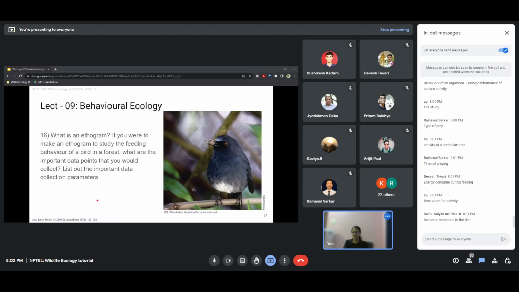Anybody else can also answer. Sure, yes. So, in the absence of cicadas in the forest, the bird will probably eat some alternative food.